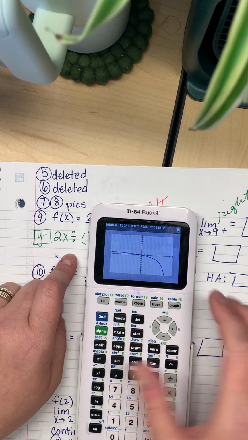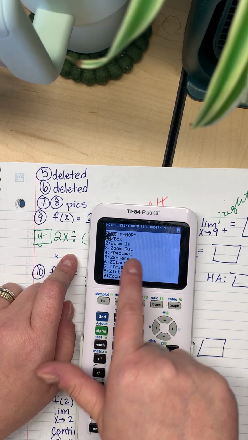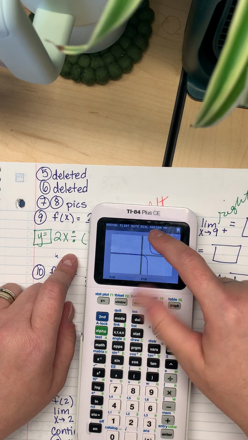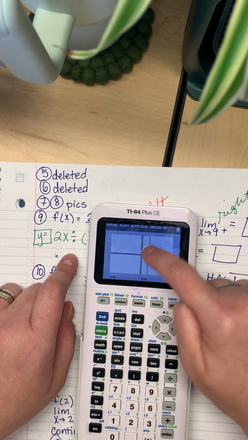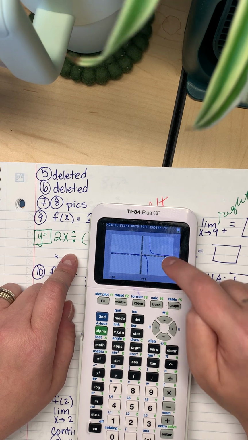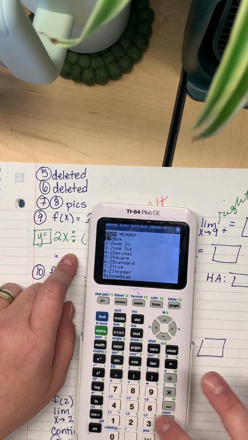You can't really see it. I see one curve. But if you press zoom out, zoom 3, you can see that there's another piece of the curve. We just have to figure out where that piece of the curve is. So let me go back and press zoom standard.